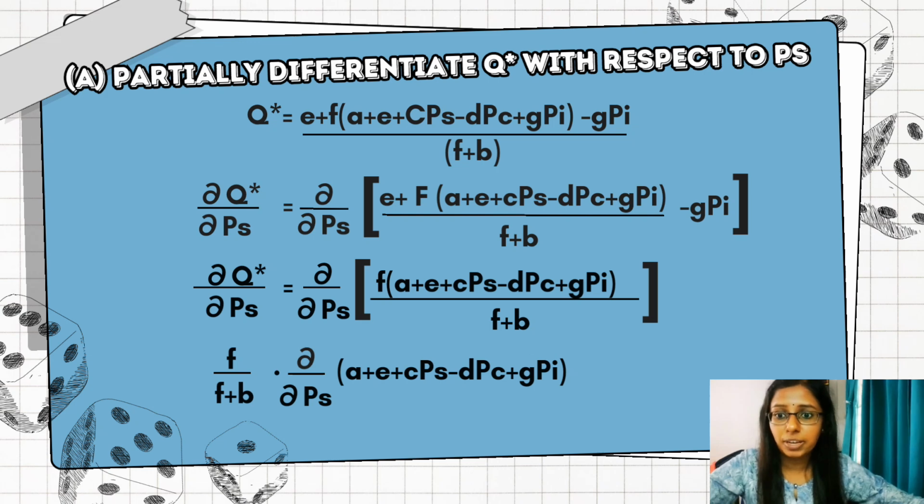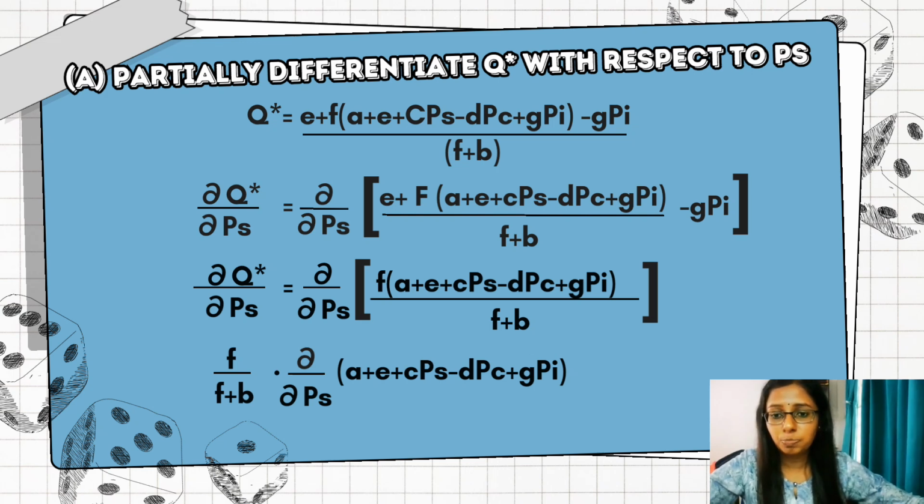Del Q divided by del PS equals del Q divided by del PS of (E plus F)(A plus E plus CPS minus DPC plus GPI) divided by F plus B minus GPI.